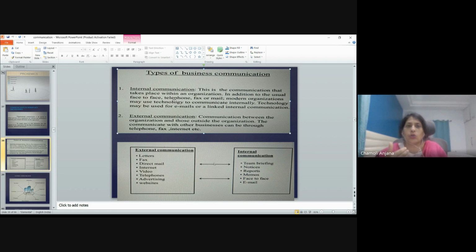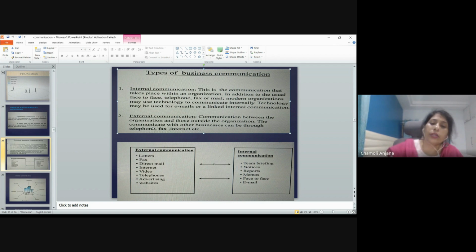Whether it is coordination between the departments, performance appraisal of the employees, controlling the activities of the undisciplined employees, or submitting reports to the higher authorities, any communication inside the organization to achieve the organizational goals comes under internal communication.